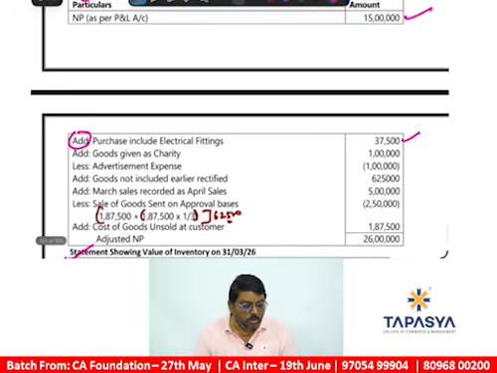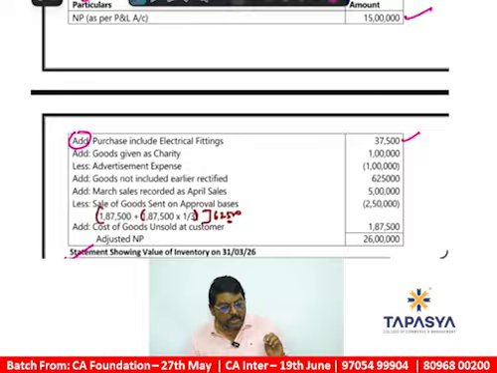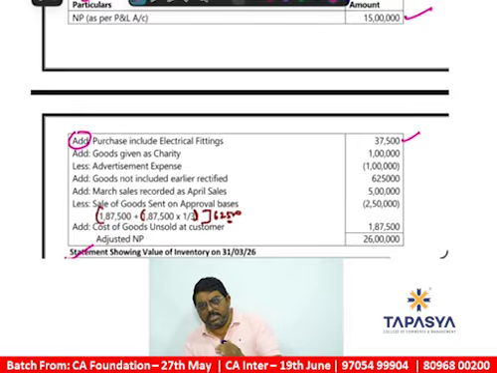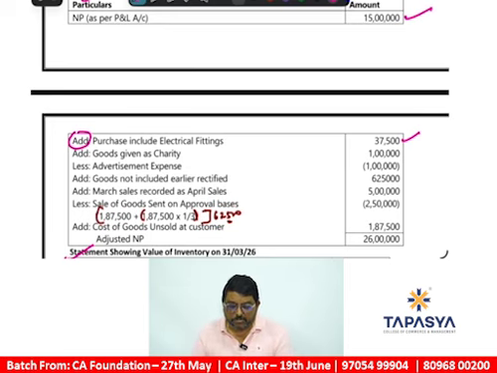Go to the second one. Goods worth 1 lakh were given as free samples, but no entry was recorded. What is the entry? Free samples to purchase. What happened? Purchase, a revenue expenditure, decreased. Free samples, a revenue expenditure, increased. One expenditure decreased, another expenditure increased.